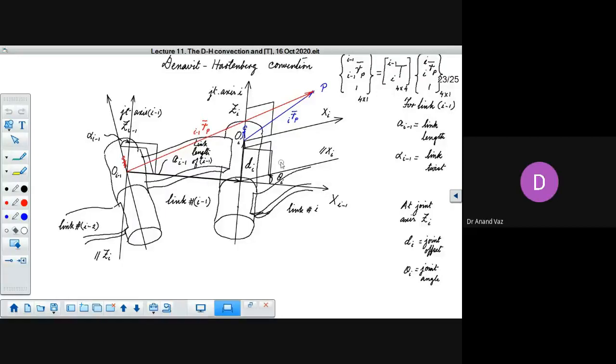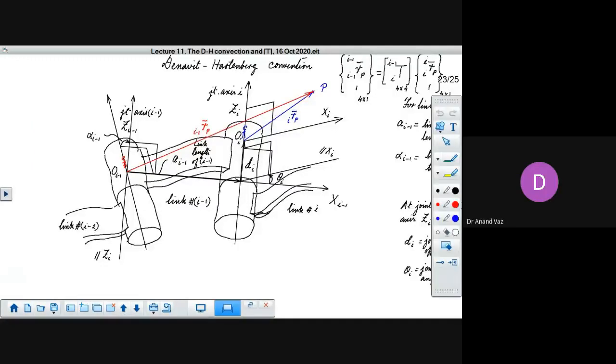So here, first of all, we already have the frame I shown here. And as we had discussed yesterday, we have only represented two of the axes, xi and zi, not the axis yi. The reason is that we don't want the figure to be too cluttered.